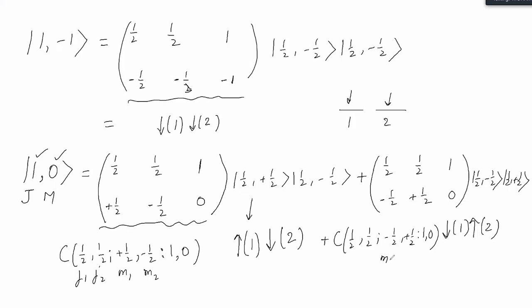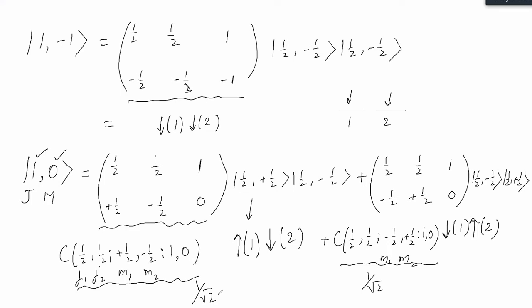And in the second case, M1 is minus half, M2 is plus half. Now in the class we will see that this Clebsch-Gordan coefficient will turn out to be 1 by root 2. This we will evaluate in the class, the Clebsch-Gordan coefficient for this form where J1 is half, J2 is half, M1 is plus half, M2 is minus half, with capital J is 1, capital M is 0.